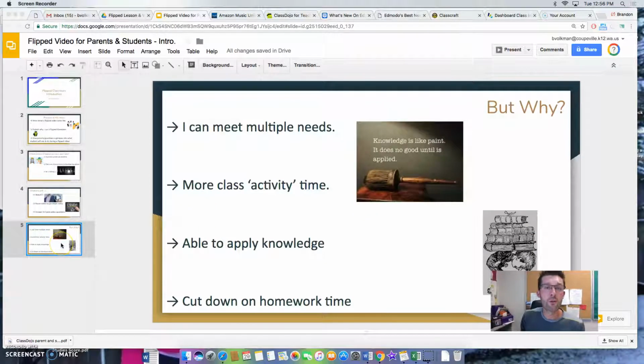Now that you know a little bit more about how a flipped video or flipped lesson works, you may be wondering, Mr. Volkman, why are you doing this? Well, there are 4 reasons why I'm doing this. First, with using a flipped classroom model, I am able to meet multiple needs of different students.